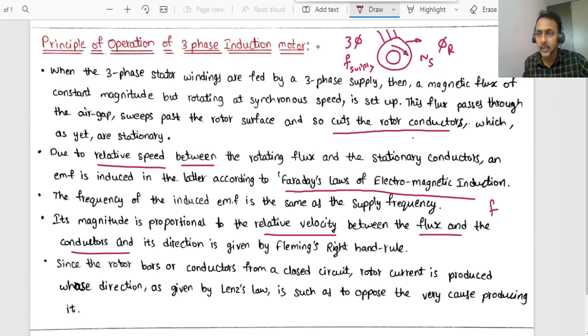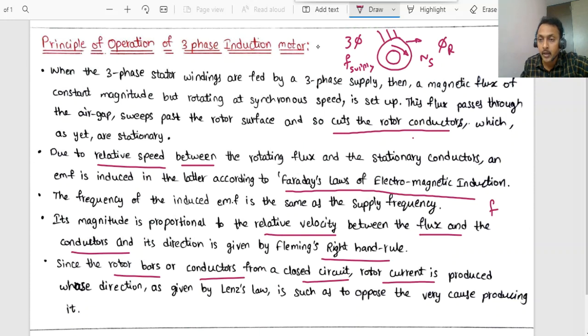Its direction is given by Fleming's right hand rule. Because of this induced EMF, since the rotor bars are conductors which form a closed circuit, a current will be produced.